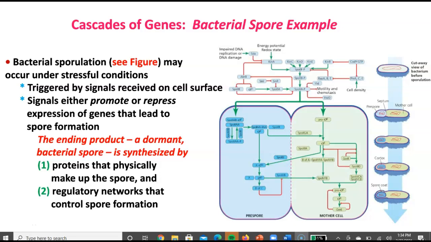There are two categories of genes that go into these complex adaptations: ones that are involved with the expression of the proteins that physically make up the complex adaptation, and then the regulatory genes and networks that control how this happens. So both of those components are at work in this example with spore formation in bacteria.